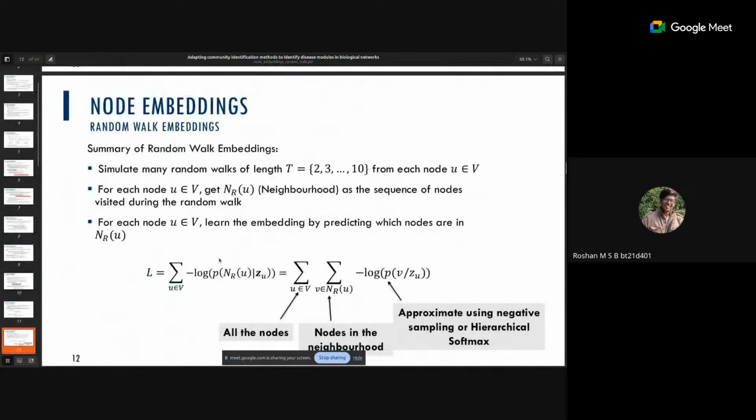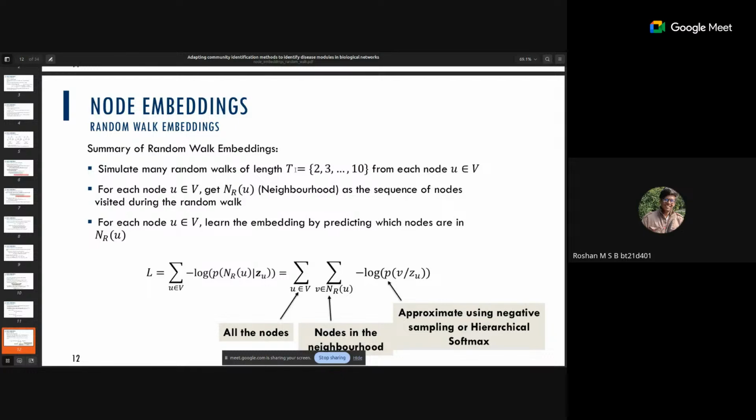So the first thing you have to do here, in summary: you simulate random walks of length t from each node, and you can repeat it as many times as you want. Again, the walk length and the number of times you run the random walk algorithm are hyperparameters.